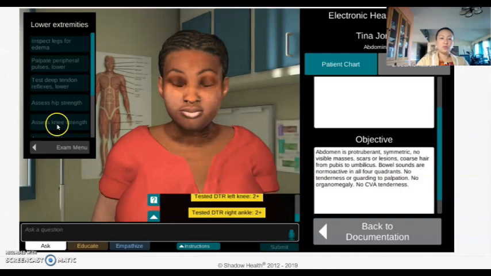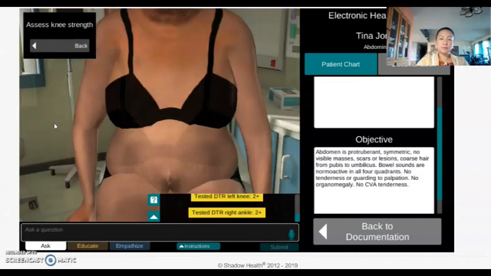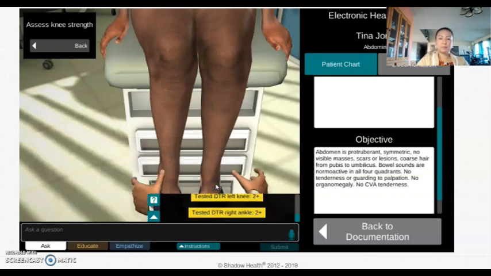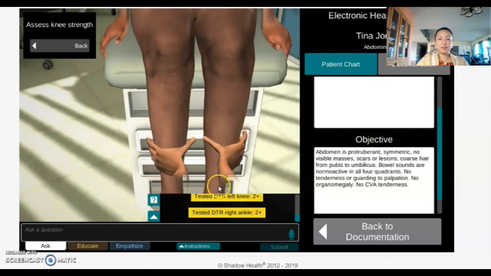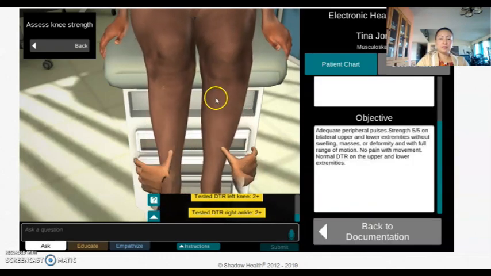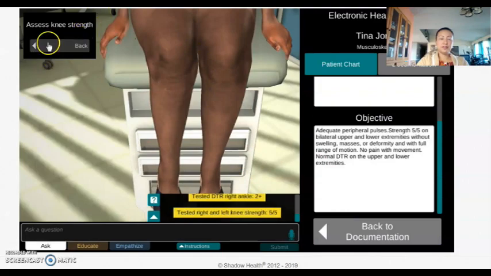And now I am going to assess the knee strength as well. And I will ask Tina to straighten her legs out all the way, while I push lightly on the shins. All right.